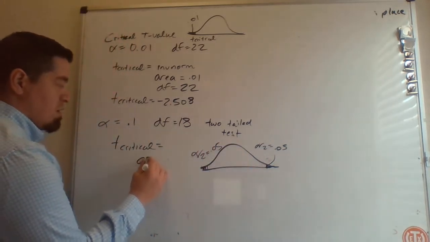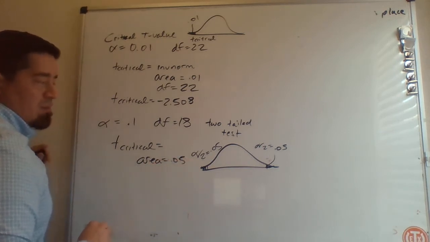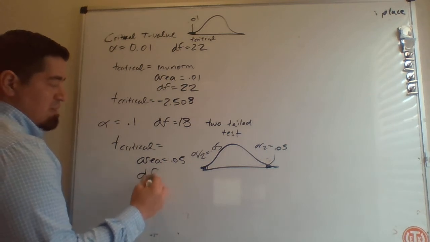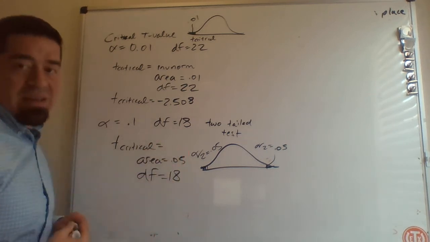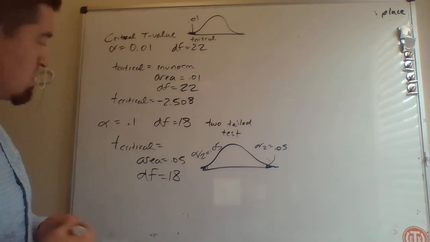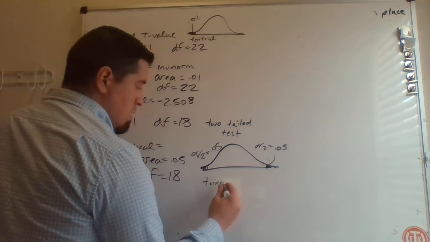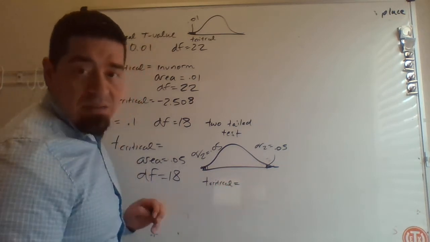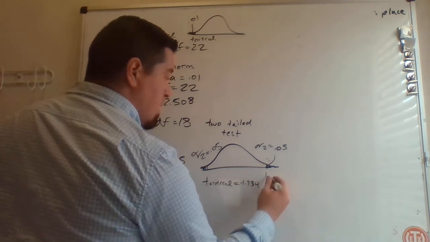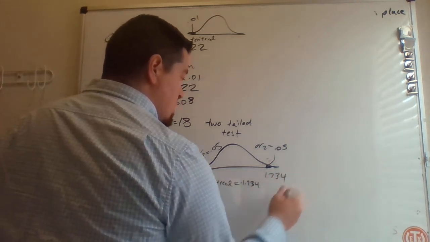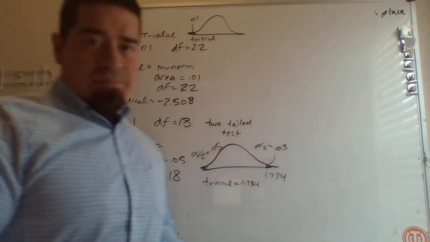Now, if you remember for a two-tailed test, you're going to input alpha over 2, but your degrees of freedom would now be 18, whereas before it didn't really ask you for degrees of freedom. So if you do that, you're going to end up with t criticals of negative 1.734 and positive 1.734. There's two t criticals because it's a two-tailed test.